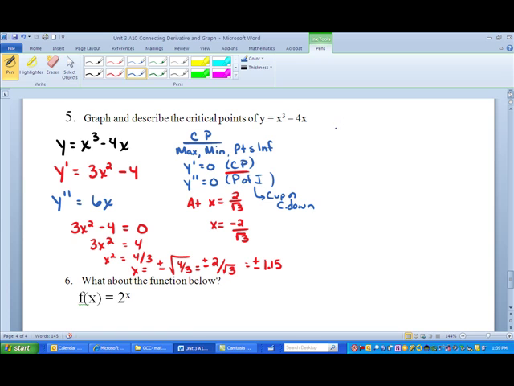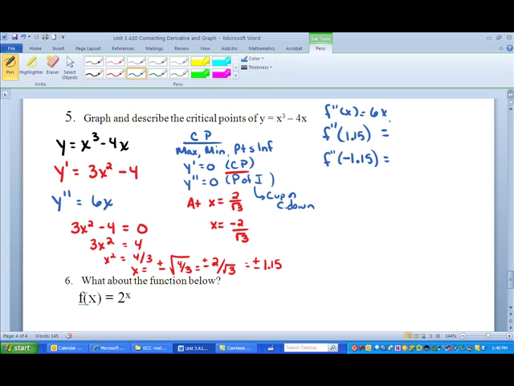So let's take the second derivative and plug in 1.15, and plug in negative 1.15, and see what we get. I'm multiplying both of them by 6, because the second derivative is 6x.